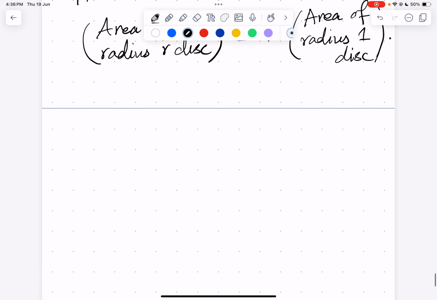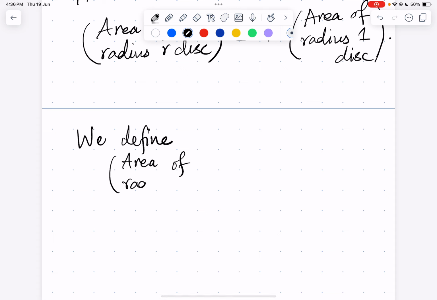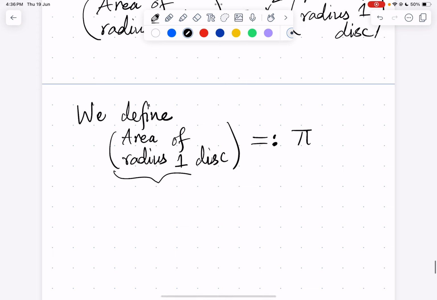Okay, now this area of the radius 1 disk is a constant, right? This constant we define to be pi.